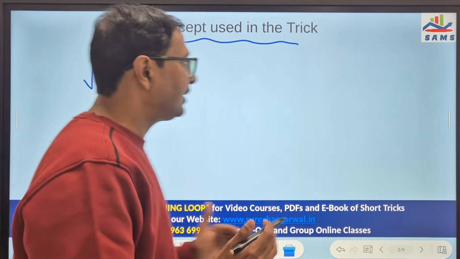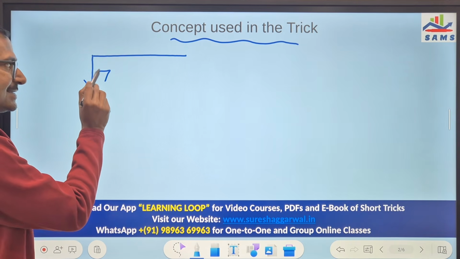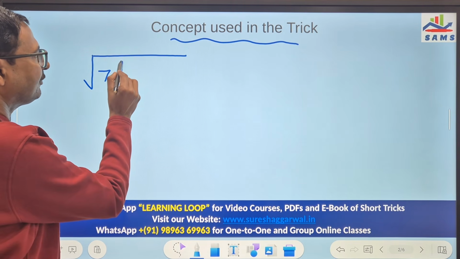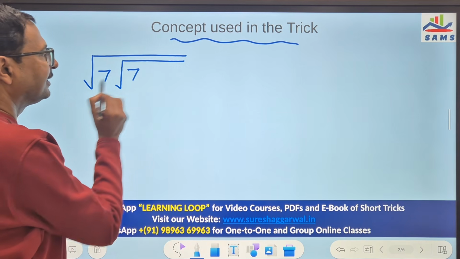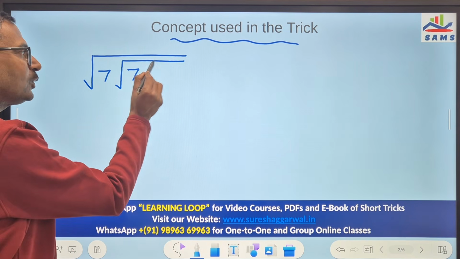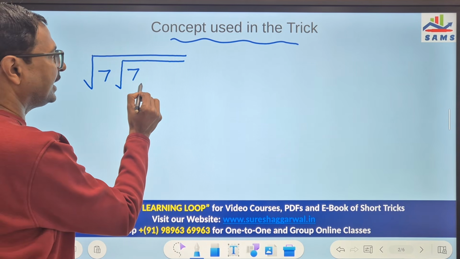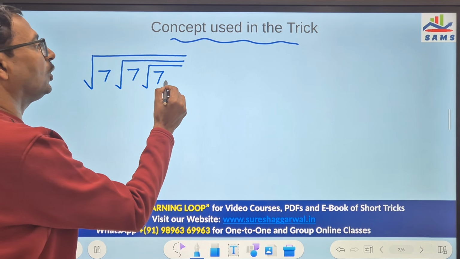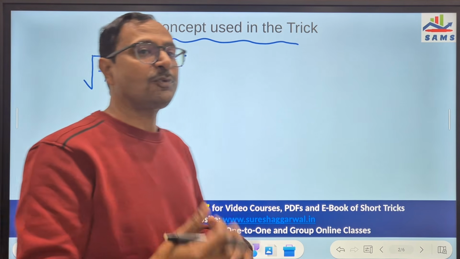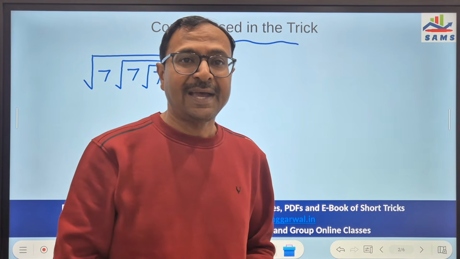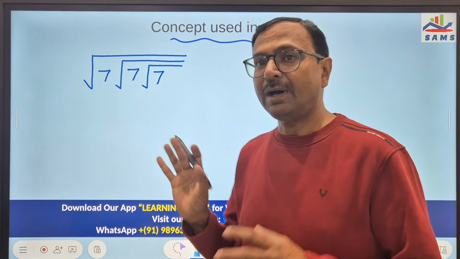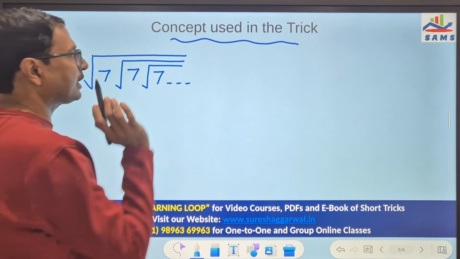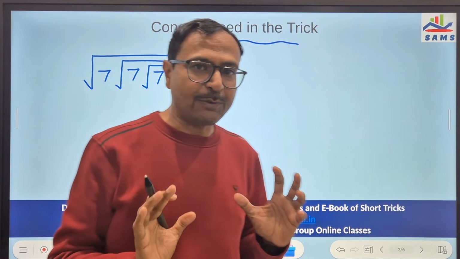The number inside the square root, that is 7, is multiplied by square root of 7 again, and this second square root contains another square root of 7, and this might go on and on, maybe 3 times, 4 times, 5 times, 10 times, and you are asked to find the answer for these type of questions. So I can have more square roots. This keeps on repeating. Now this is one type of question.